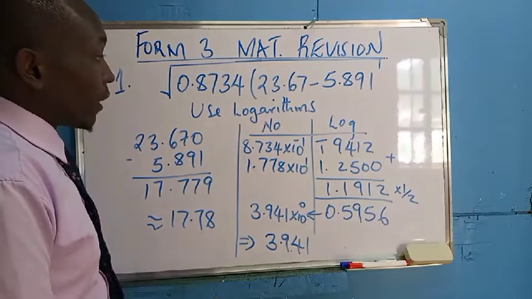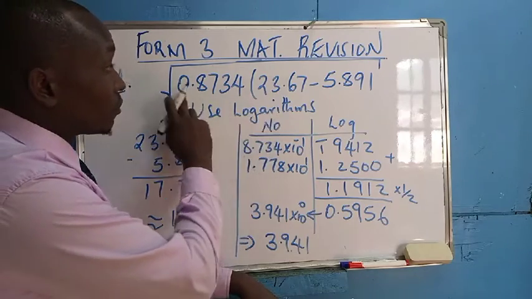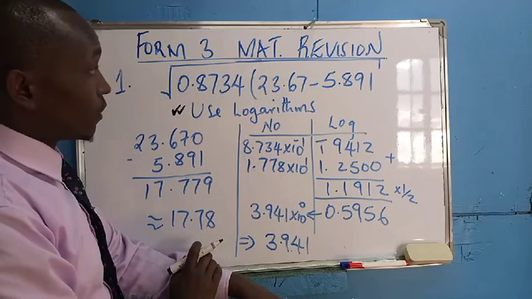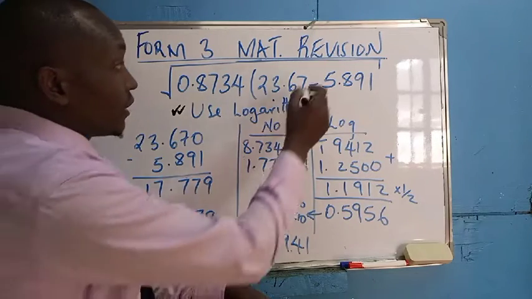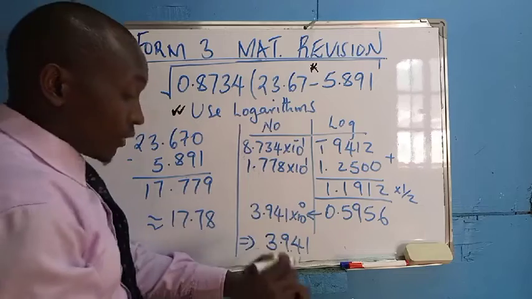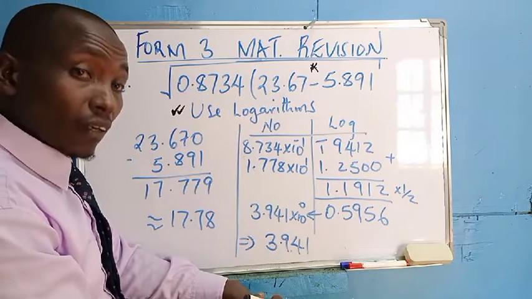Okay, this is question 1. The student was supposed to apply logarithm to solve the question given here. The catch is that you cannot operate numbers, especially subtraction, using logarithm.